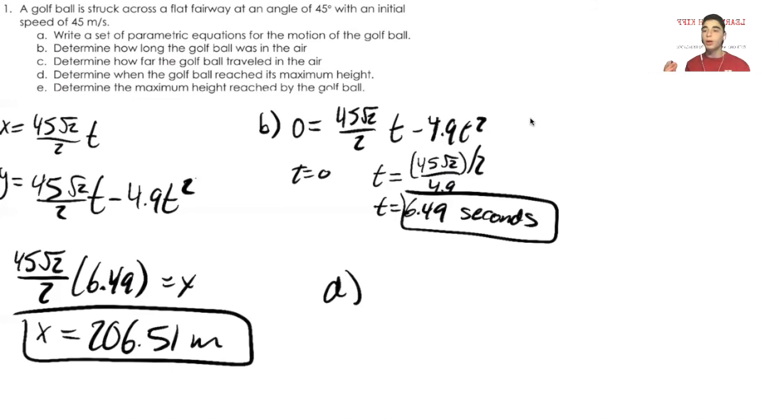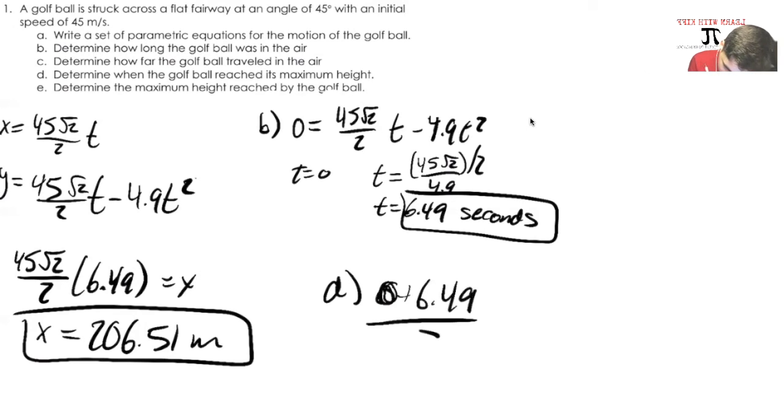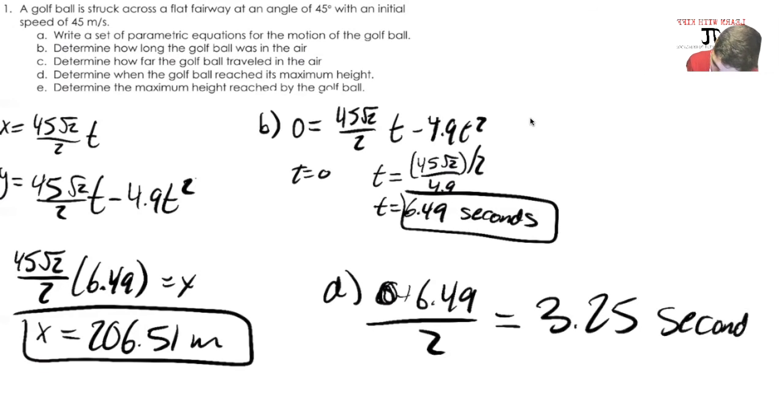So if 0 is one end and 6.49 is the other end, it's the midpoint between those. So we have 0 plus 6.49 divided by 2. What is 6.49 divided by 2? 3.245. I'm just going to put 3.25 seconds. That is when the golf ball reached its maximum height.